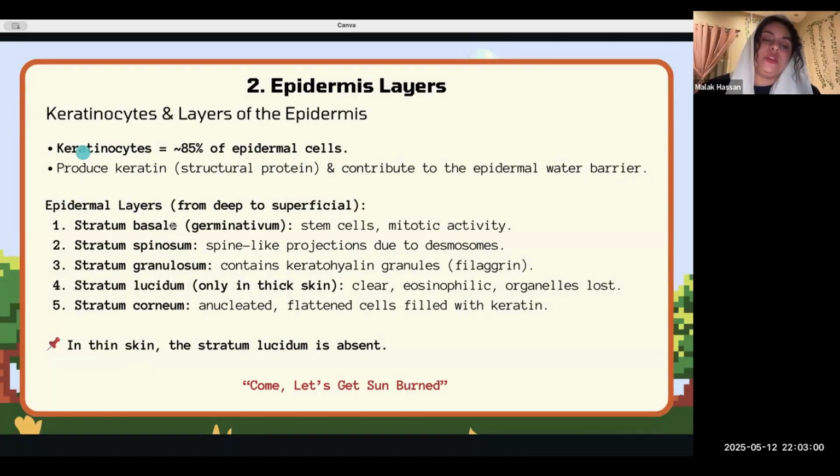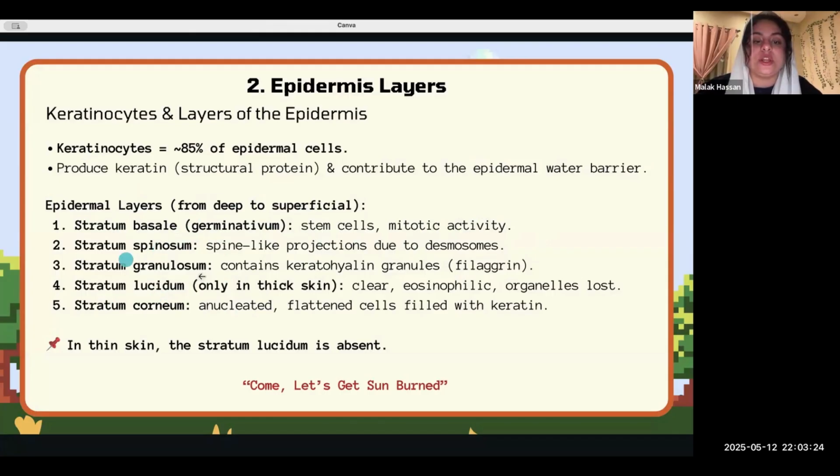Now, what are the layers of the epidermis from deep to superficial? From deep to superficial, so from the inside to the out, you have stratum basale, or the germinativum, which is made up of stem cells that undergo mitosis, basically. Then you have the stratum spinosum, which are the spine-like projections, and they are due to desmosomes.